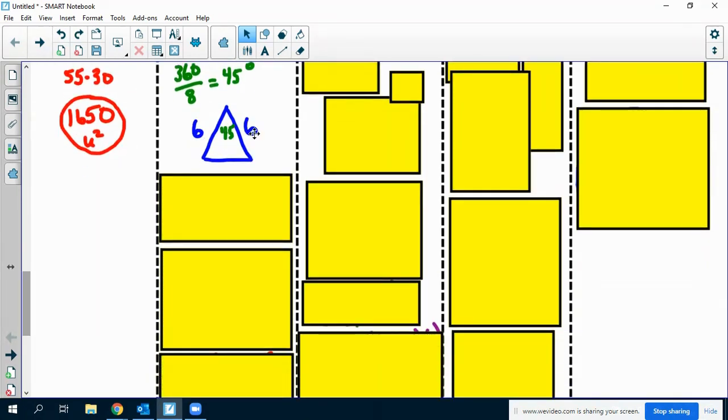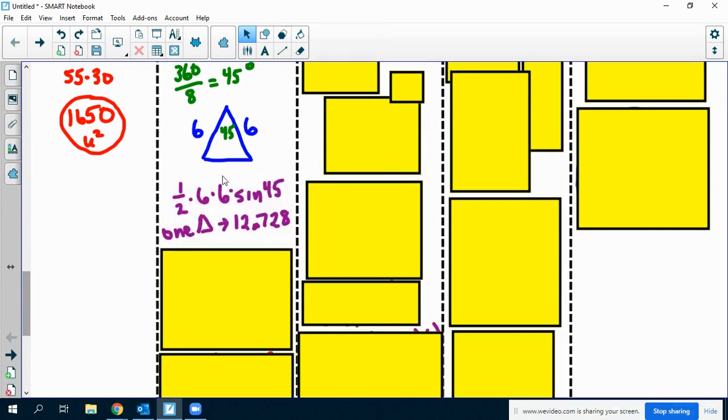Since the radius is 6, we can use the 1/2 times side times sine of the angle in between formula for the area of a triangle, because I have 2 sides and the angle in between them. So 1/2 times 6 times the sine of 45 gives me about 12.728.